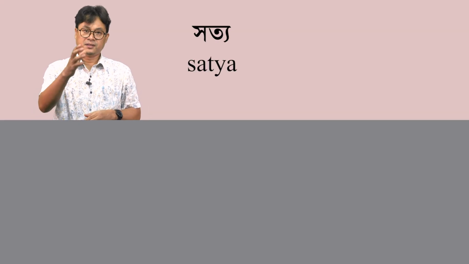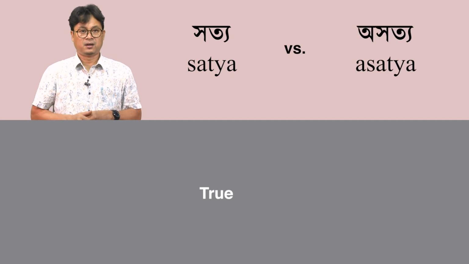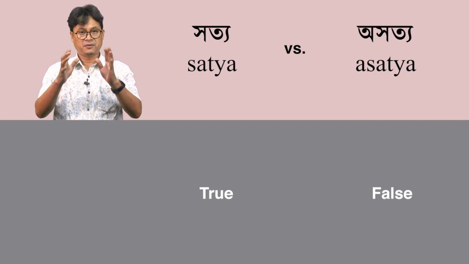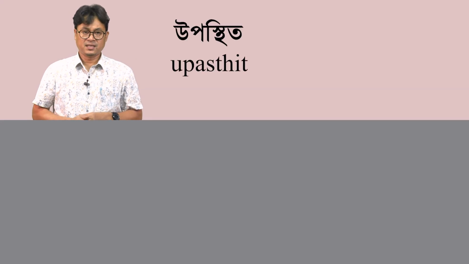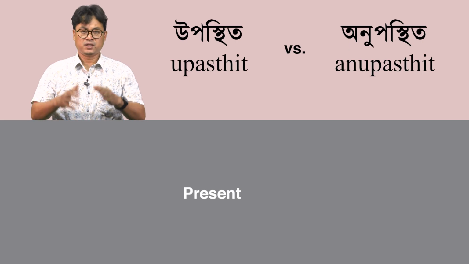Another example is hoitto. Hoitto means true versus ohoitto. Ohoitto means false. Something is either true or false in a strict logical sense. Similarly, upostit means present versus onupostit, which means absent. A person may be either present or absent.